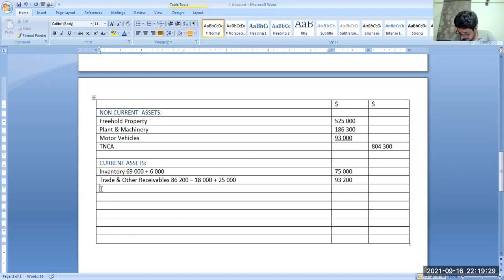Then we have cash and cash equivalents. How much? 116,300. There is no change in that.